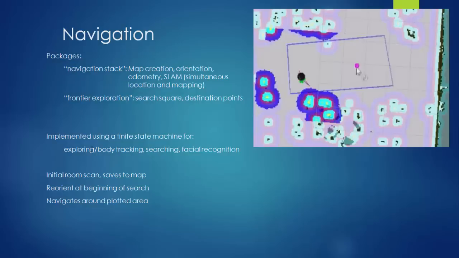We've implemented the functionality into a finite state machine of 3 states, being the exploring and body tracking state, where it would drive around initially and look for people, placing them as markers like this, and then searching for them, as in coming back to these people, and for each person doing the facial recognition. Something we have to consider before we do the actual exploration, we have to make sure to save the map initially, and then orient it at the beginning, so drive it around a little bit so it gets an idea of the origin point, and then we can start navigating around the plotted area.